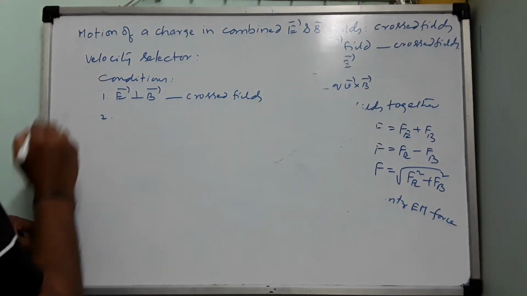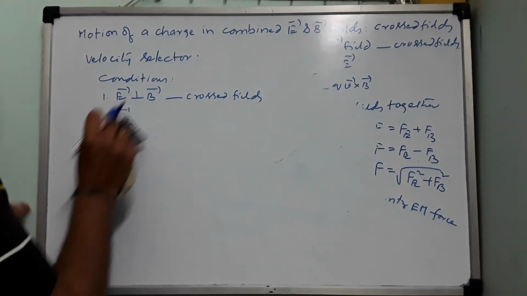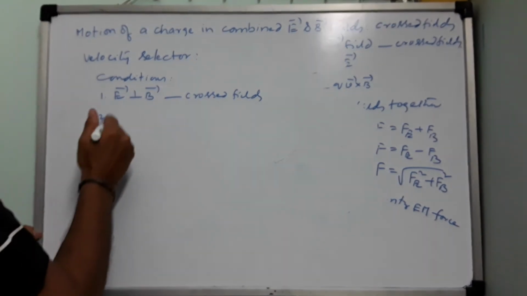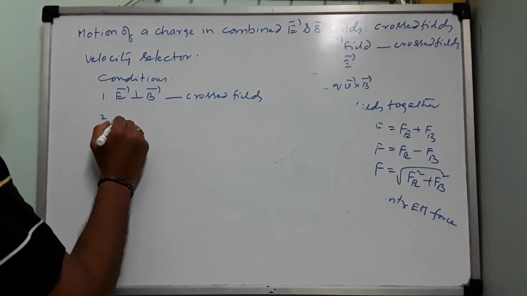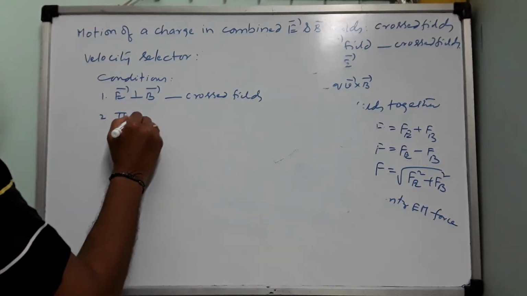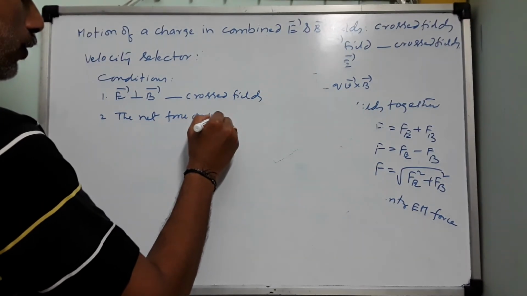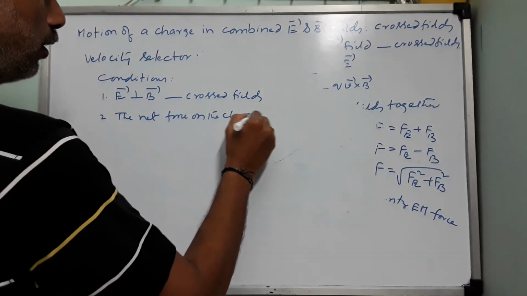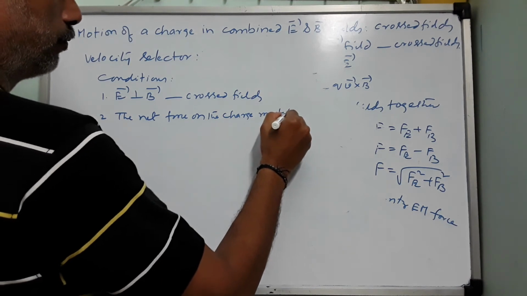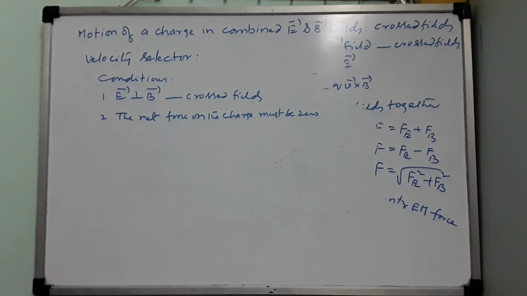Second one, the force due to the electric field and the magnetic field, that is the electromagnetic force, the net force on the charge must be 0. Then automatically, when you get this equation of net force 0, you will arrive at the velocity selector.